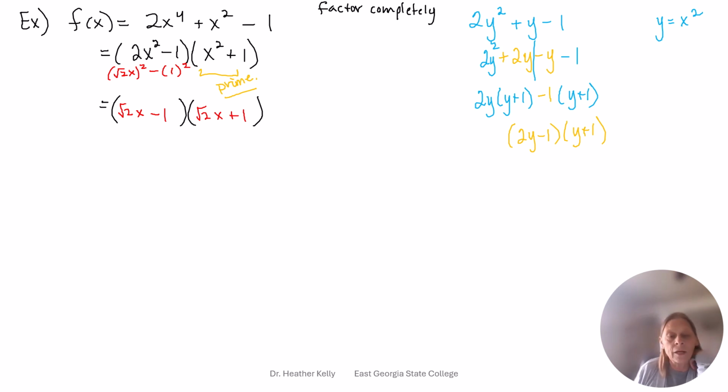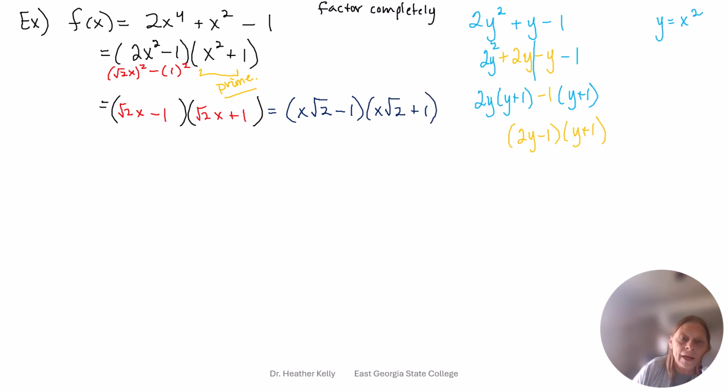Now, because of the way that we're sometimes a little bit lazy with the way that we write our arithmetic, our algebra and stuff, you want to write it as x square root of 2 minus 1 times x square root of 2 plus 1.